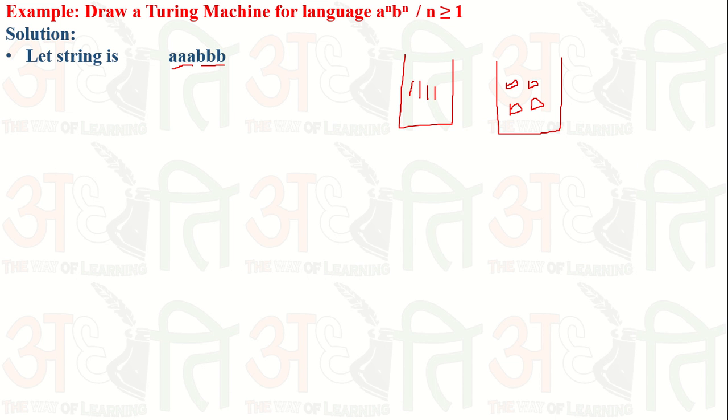Suppose it is a 1. We mark the pencil, go to the other box and make the same mark on the eraser. So one mark is done: one mark for the pencil, another mark for the eraser. Again go to box number 1, mark the pencil, and again go to the other box and mark the eraser.